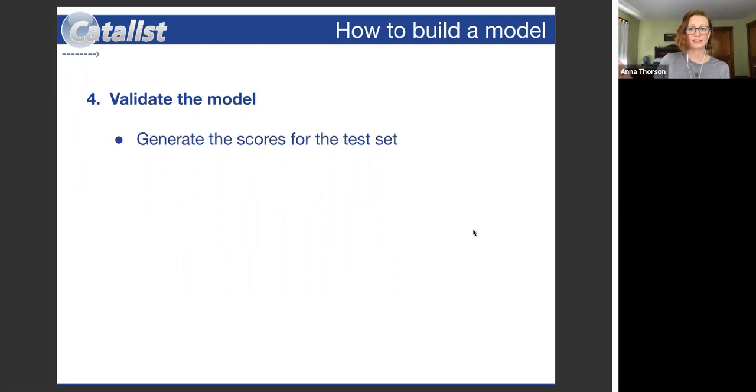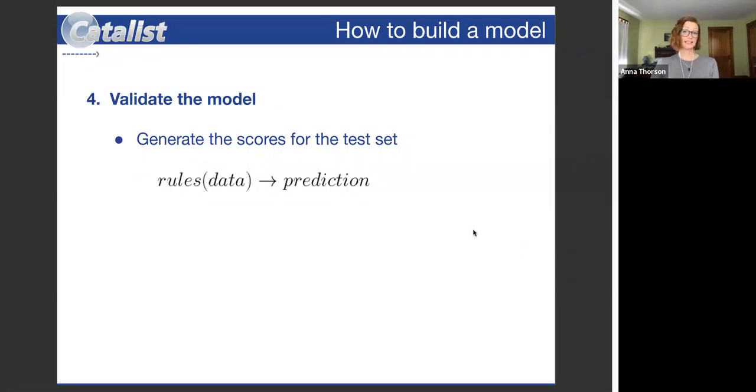So this is like this totally separate set that we can use to make sure that the model actually found some good patterns, that the patterns it's using to turn input data into a prediction outcome are actually working. But the first thing that we need to do is generate some predictions for the test set. Those predictions, scores.